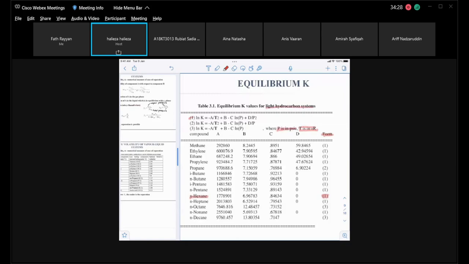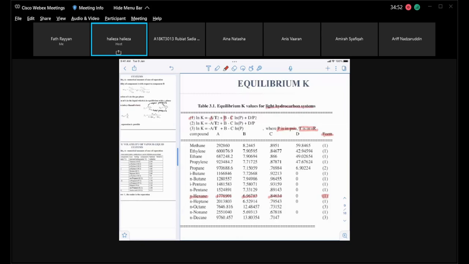So if you want to calculate for N hexane, like how we obtained it using the two graphs, you can do so by putting in the values of your A, your B, your C, and again the pressure must be in psi. Before this we looked at the example of 400 kilopascal, so you need to convert it to psi.